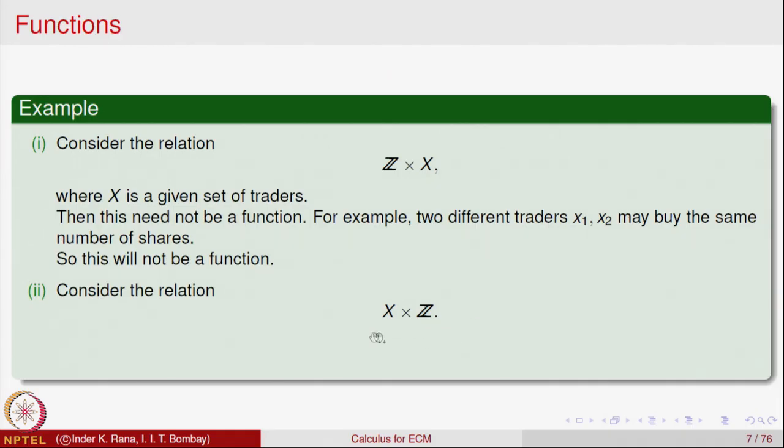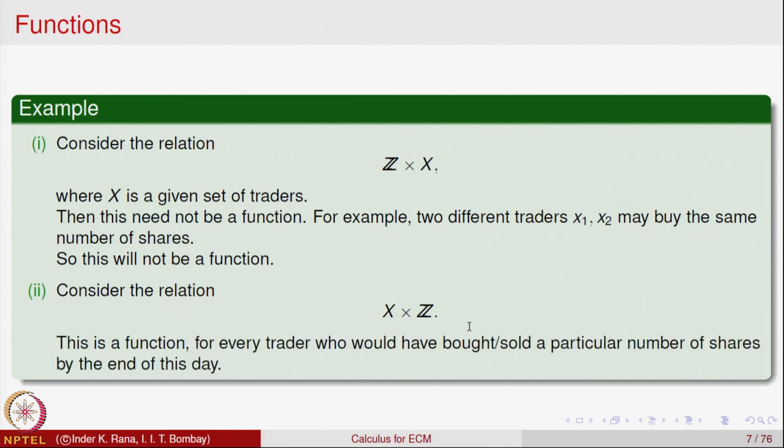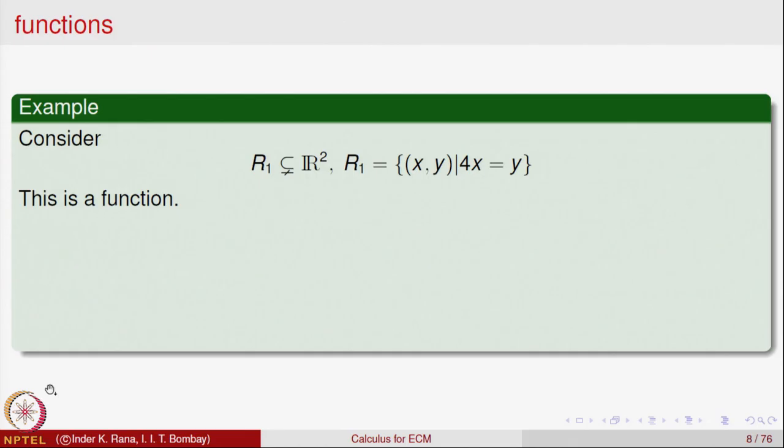So, this set X cross Z, which itself can be treated as a relation, is also a function, because every trader will either buy, or have no activity, or sell. So, for every trader there will be a unique number associated with it. So, that gives us a function at the end of the day. So, these are some examples of functions.